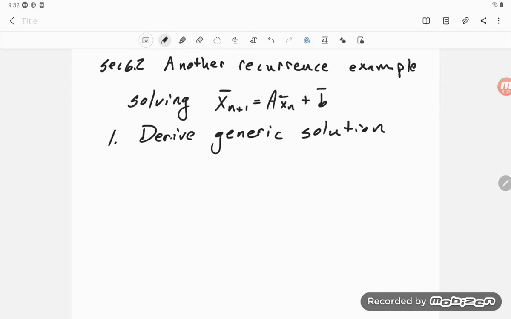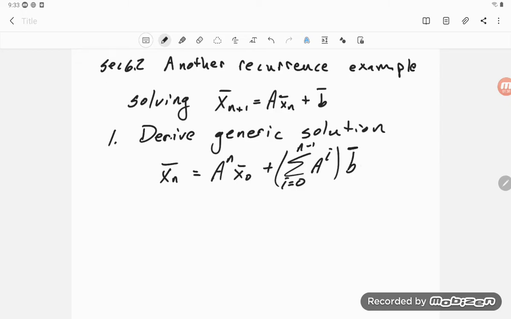And so by induction, just building up from x0, we know that our final xn could be written, instead of this recurrence relationship, as our matrix A to the n x0 plus the sum i equals 0 to n minus 1 of A to the i, times our b vector.